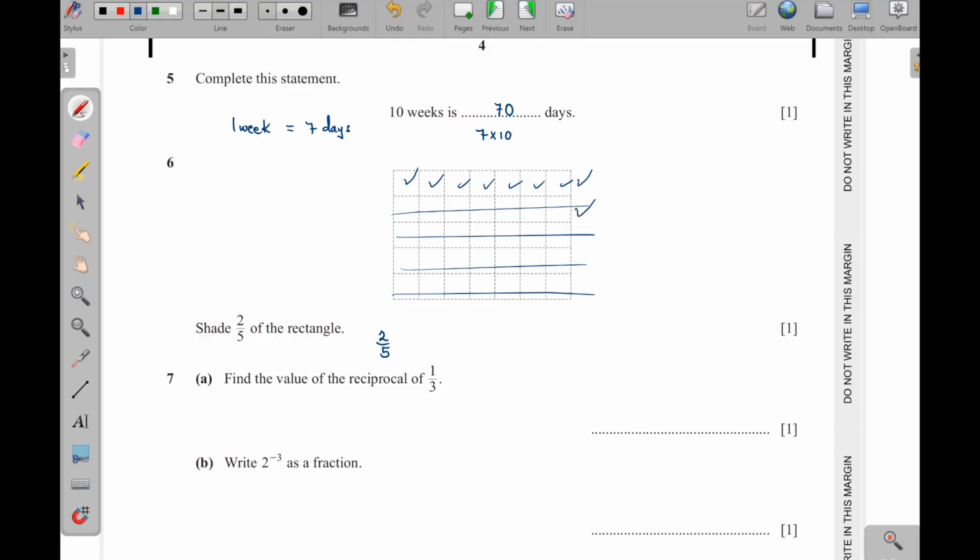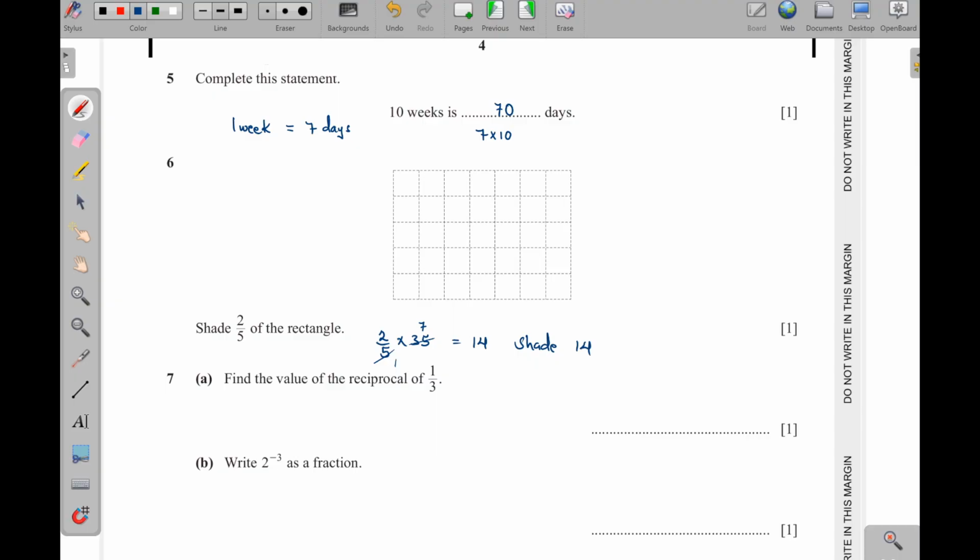This is 1, 2, 3, 4, 5. That is 35, not so? So I would say 2 out of 5, then times 35. So 5 goes here 7 times, and this one will give us what? 14. So we have to shade 14 squares.